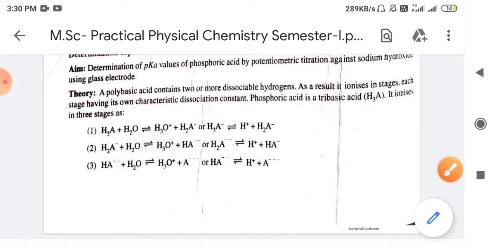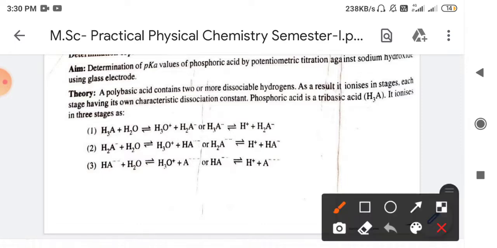In the aim itself we get to know all the details required for performing the experiment. First of all we need to understand what pKa values are, next what phosphoric acid is, and next what potentiometric titration against sodium hydroxide using a glass electrode is. All of these things must be known to us before performing the experiment.